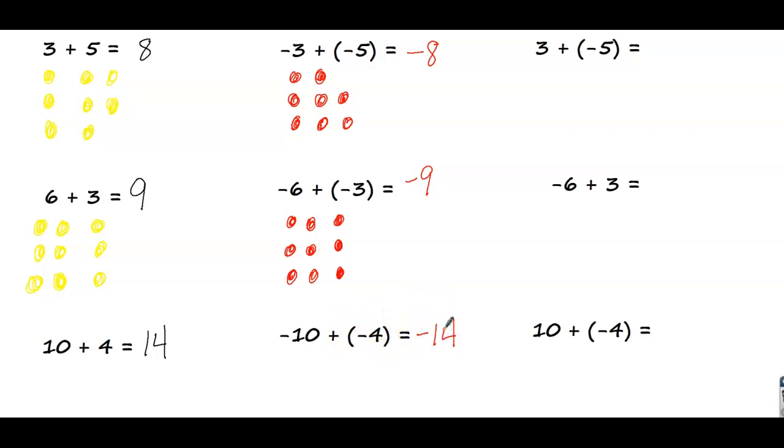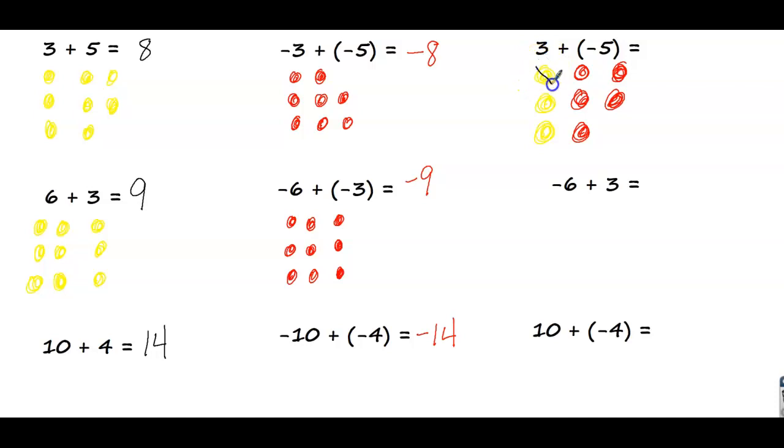Okay? But look what happens when we come over here. All right? Here we're adding one of each. We have 1, 2, 3 positives, but we have 5 negatives. 1, 2, 3, 4, 5. Well, recall that I told you that when you add a negative 1 to a positive 1, that creates a 0 pair.